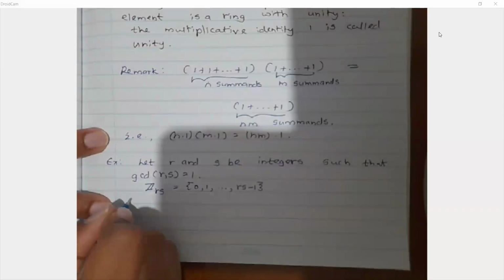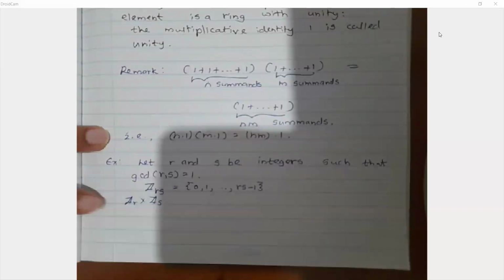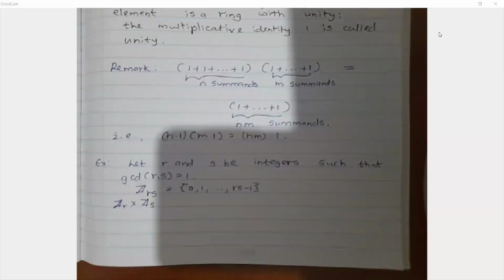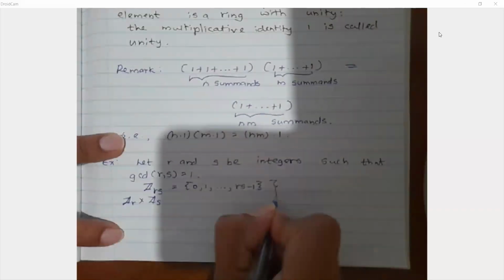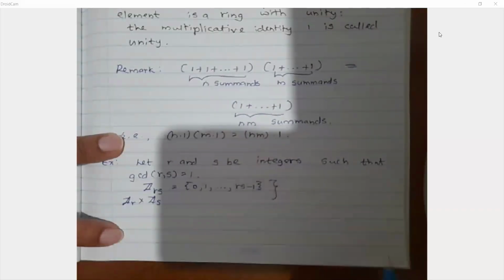And then we have ZR cross ZS. So this is a direct product of two groups, ZR and ZS. It has elements given in ordered pairs. How many elements? Once again, RS number of elements. Both these groups are cyclic abelian groups of order RS.